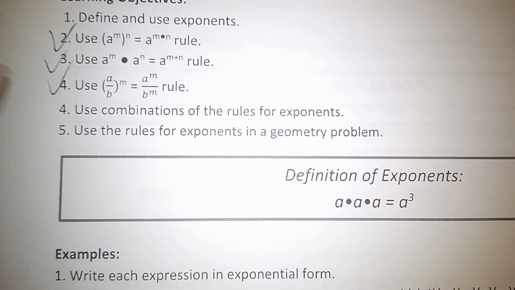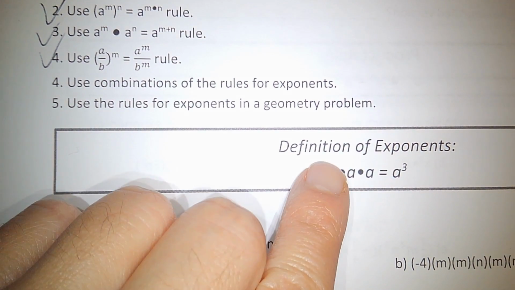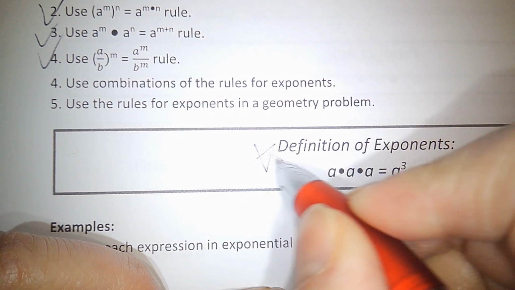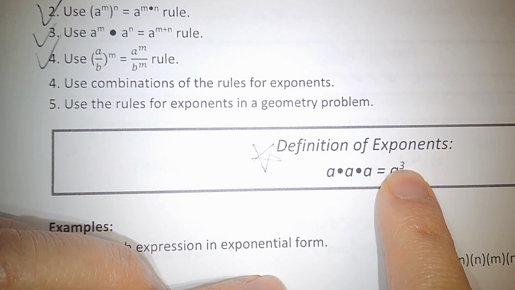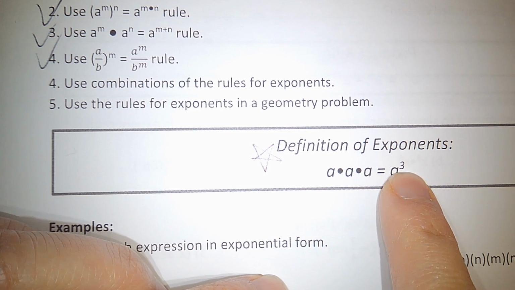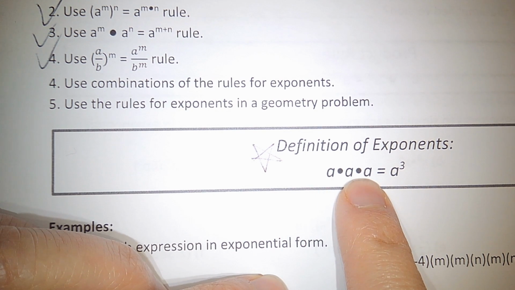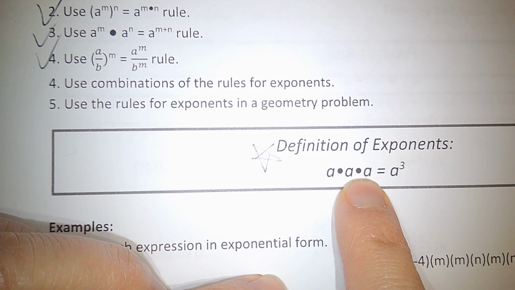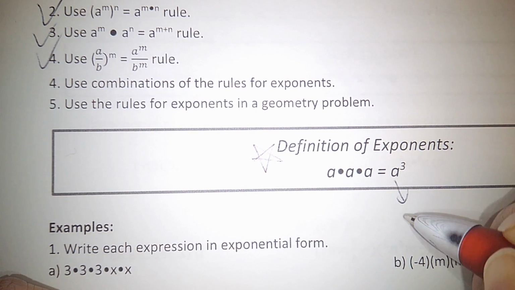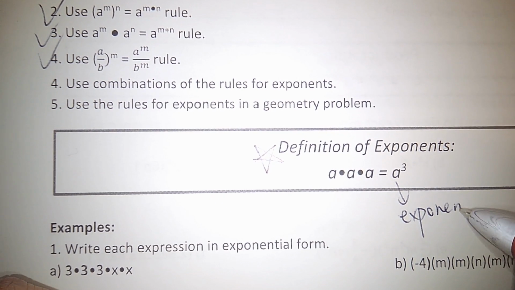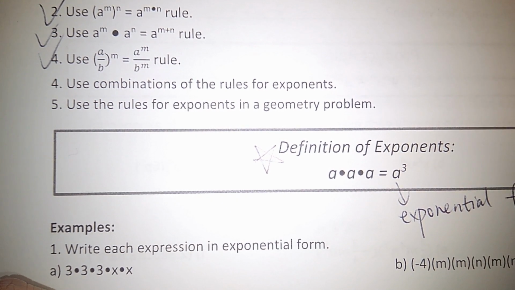Okay, so at first let's talk about the definition of the exponents. Do you still remember how we define an exponent? A to the 3rd power. What does a to the 3rd power mean? A times a times a. Yeah, there are 3 of a multiplied together. So this a to the cube, this is what? Exponential form.